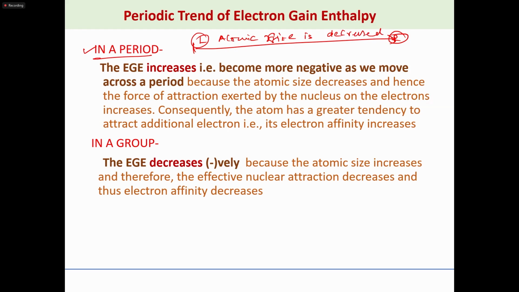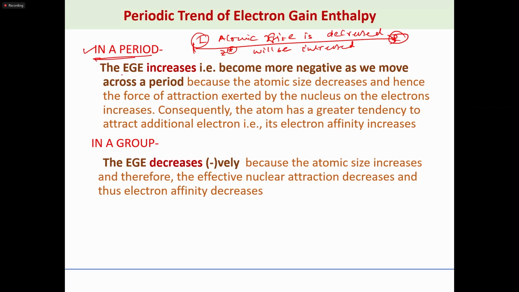When the atomic size is decreased, the effective nuclear charge is increased. When the effective nuclear charge is increased, the element will have a tendency to attract an outer electron towards the nucleus. Then the electron gain enthalpy will be high. It will show a high negative value.